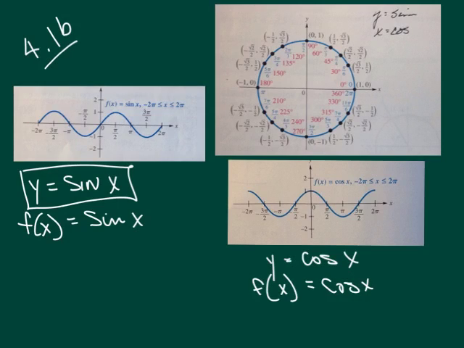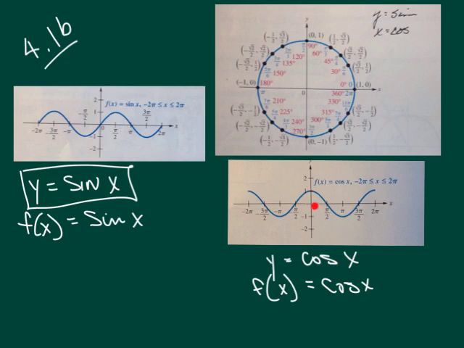So again, in order to find the points along this x-axis, you put in the cosine of pi over 2, and when I put in the cosine of pi over 2, I get 0, whereas when I did it over here with the sine, I got 1. So that's why the point is there. If I put in the cosine of pi, I get -1. Whereas over here, when I put the sine of pi in, I got 0.